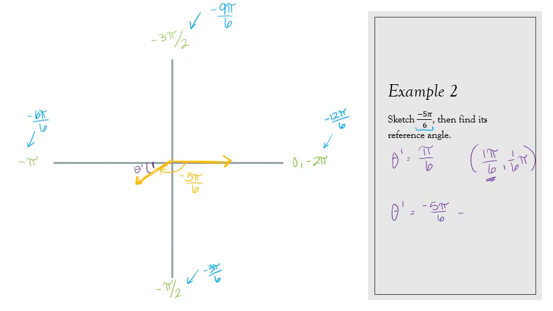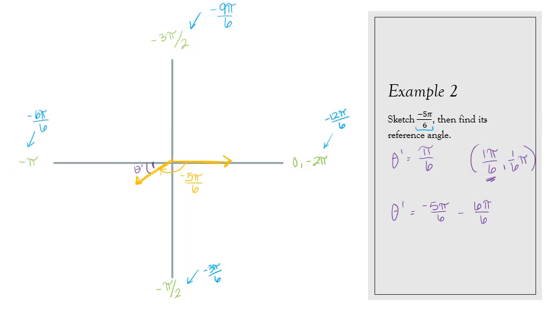I'm going to subtract 6 pi over 6. Let's see, is that what I want to say?